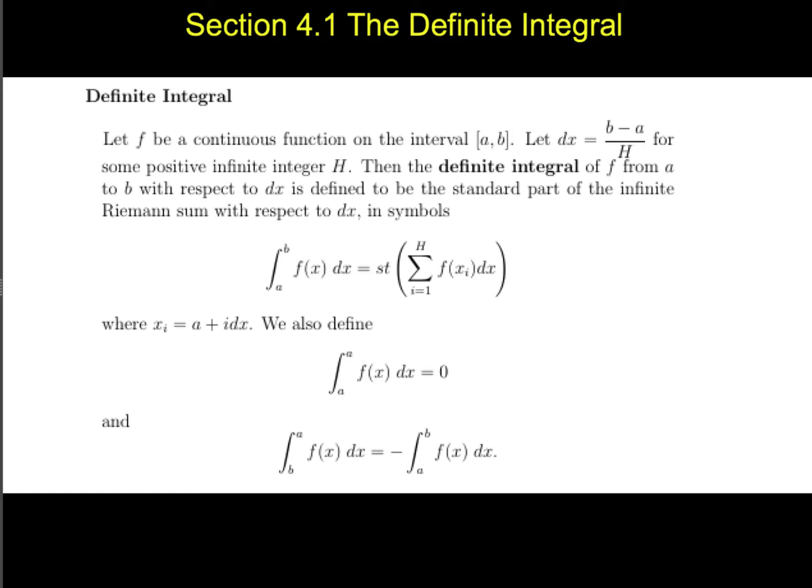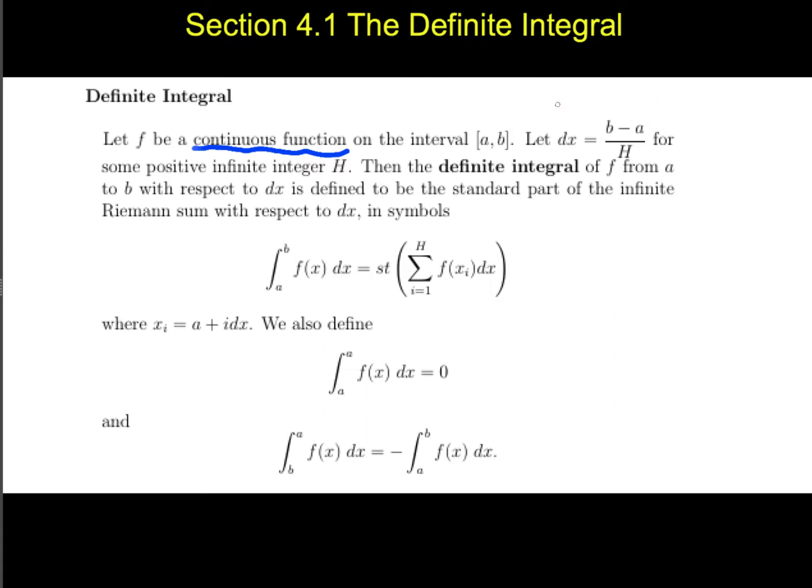So let f be a continuous function. And this is key. We've got to have a continuous function. In Calculus 2, you'll develop tools for how to deal with the integral of functions that are not continuous on its domain. But for our purposes here, we will say that f is a continuous function on some interval [a, b].